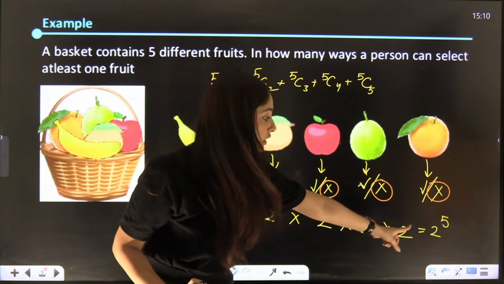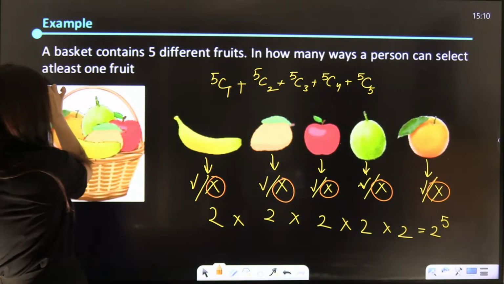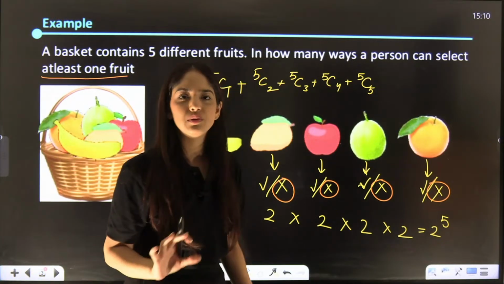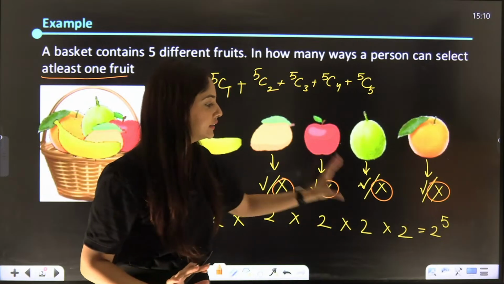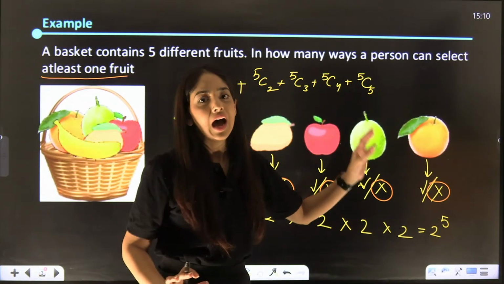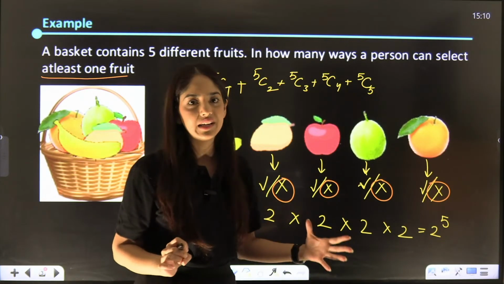That is also counted in this 2 raised to power 5. But we have to select at least one fruit. So we will just exclude that case, and the rest will be fine, right? So what is this? 2 raised to power 5, 32. Out of those 32 cases, only one case is there where we don't select any of these.